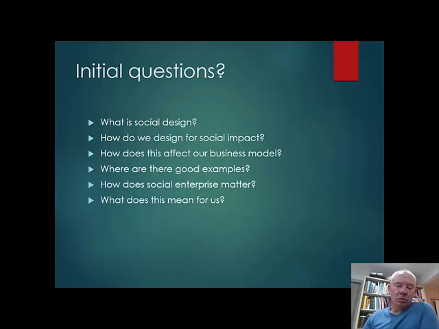That is, for example, how many people will we employ? How many women will we employ? We need to put numbers on what we're trying to achieve. If we have social objectives, then that will affect our business model.